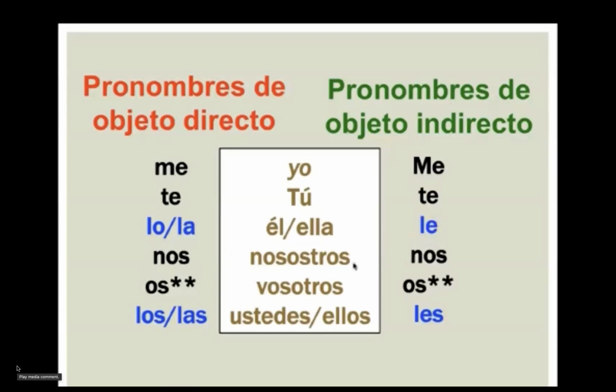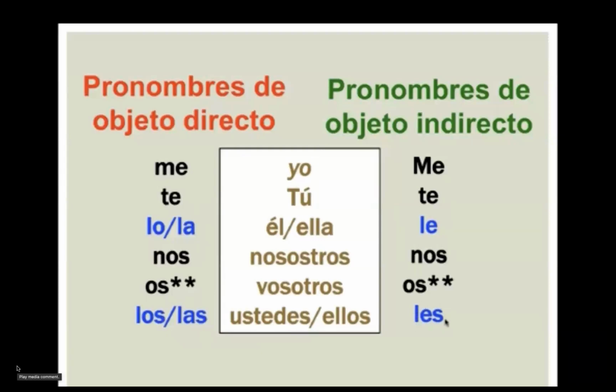Nos in both cases for nosotros, os in both cases for vosotros, which is used in Spain, and finally, los and las, which will be very similar to lo and la, but with the difference that in this case, both of them would refer to the plural form.